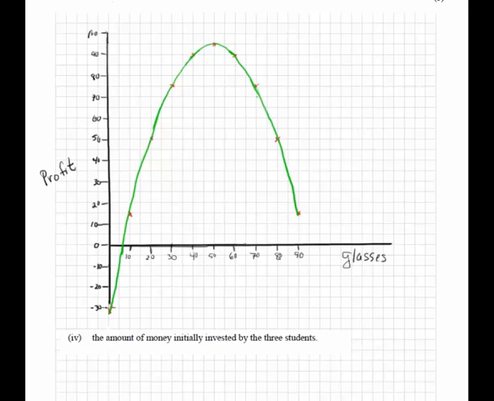So that must be the amount they initially invested. They haven't sold any glasses, and they are down $30, or 30 francs, sorry. So the amount of money they initially invested must have been 30 Swiss francs. And that's because they haven't sold any glasses. They've lost $30. So that was just their initial investment.